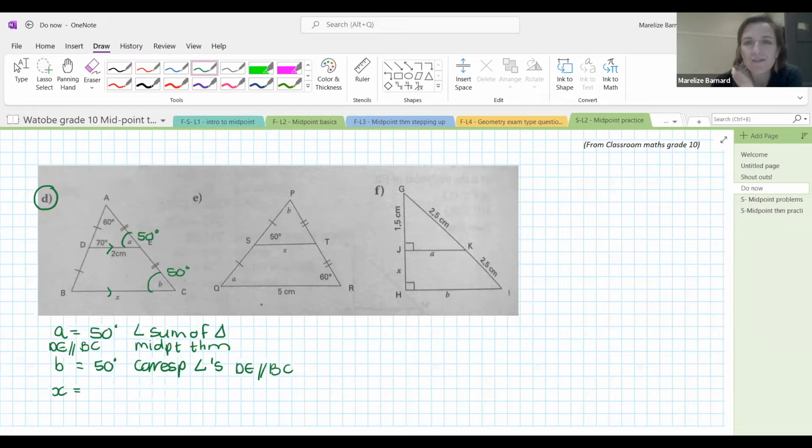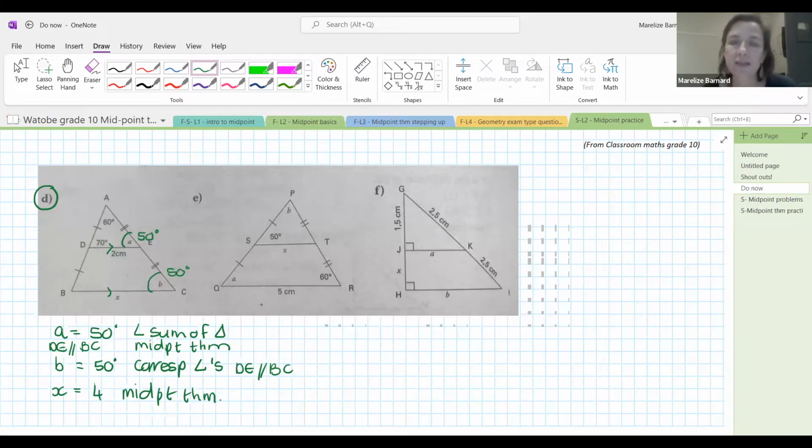I don't know what that face is for, Tiama. You just got an answer right. X is for midpoint theorem. That's right. Okay, so you guys get the gist of it.